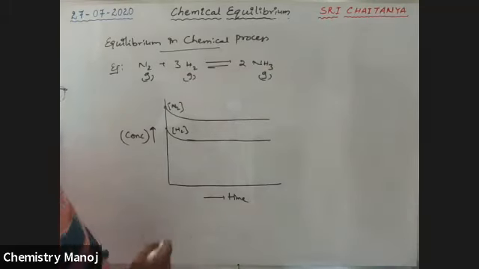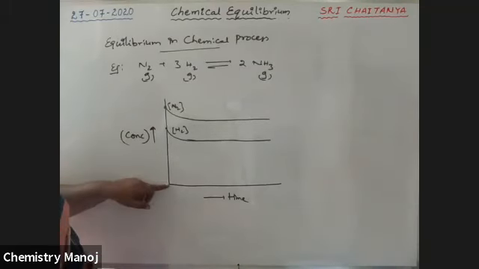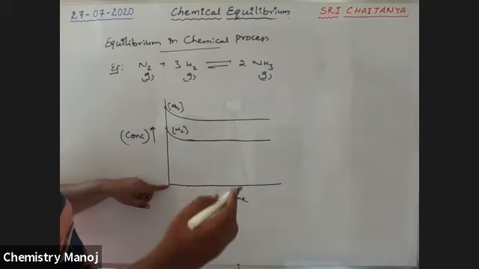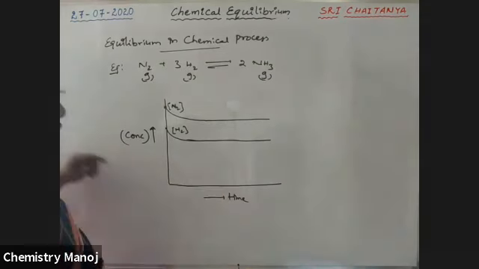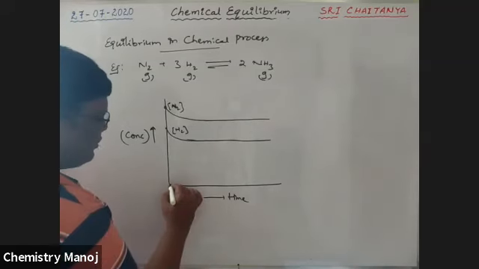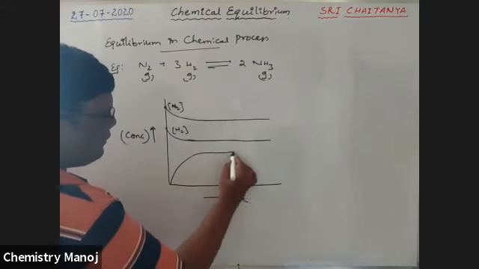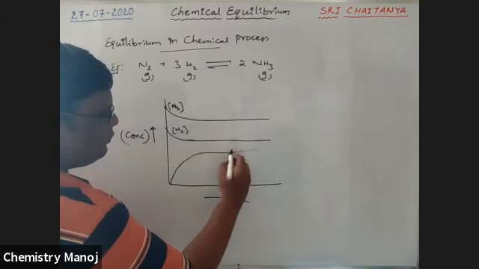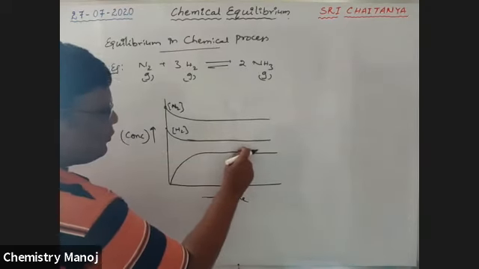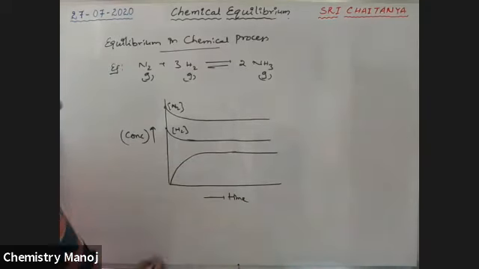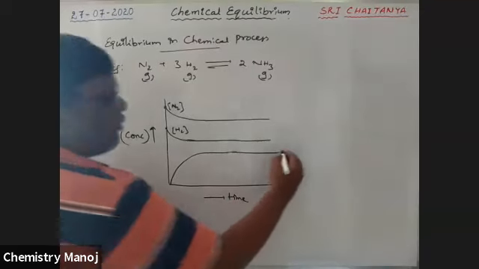Now what about ammonia? At the beginning it is 0, because ammonia has not started forming. Slowly the concentration increases and reaches constancy at a particular time. So that is like this. This is the concentration of ammonia.